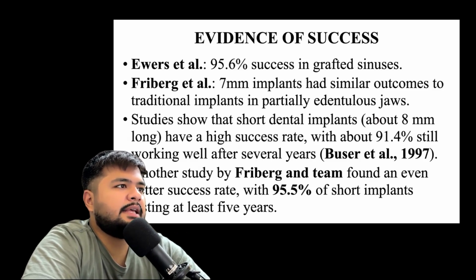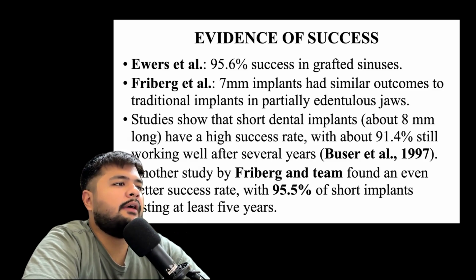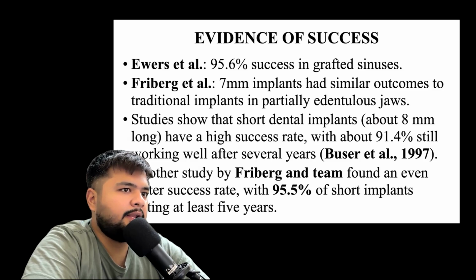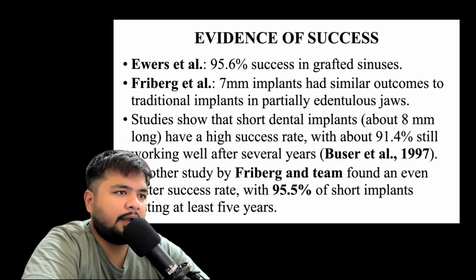Freeberg et al. found that 7 mm implants had similar outcomes to traditional implants in partially edentulous jaws. Studies show that short dental implants, about 8 mm long, have a high success rate, with about 91.4% still working well after several years, by Busser et al. in 1997.